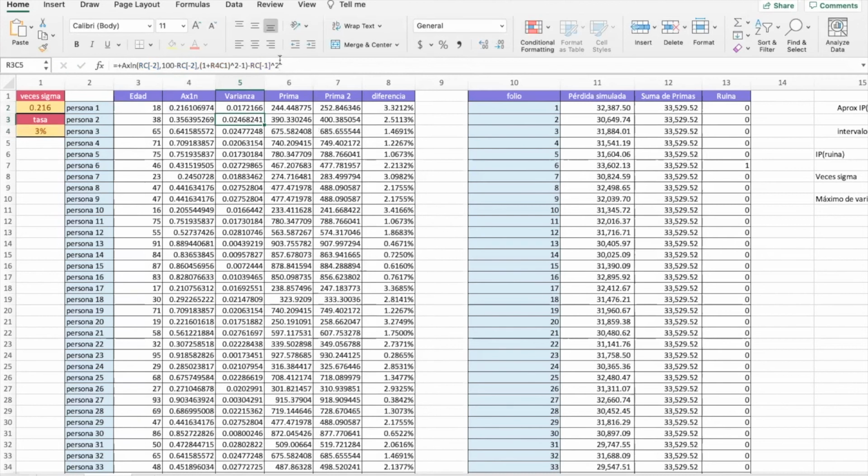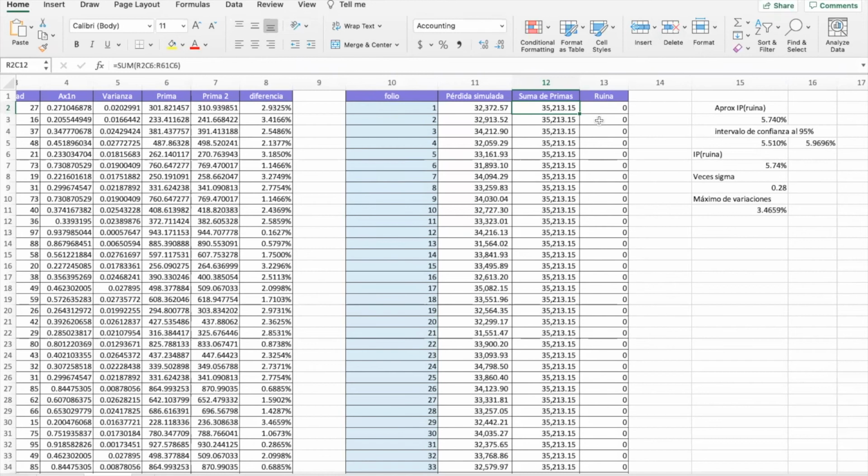Okay, so for the premium, same procedure here as in the first sheet where we calculated the premium for a 40-year-old person, but now for each person. We just need to sum the insurance plus the sigma times the standard deviation and times 1000, that is the benefit.